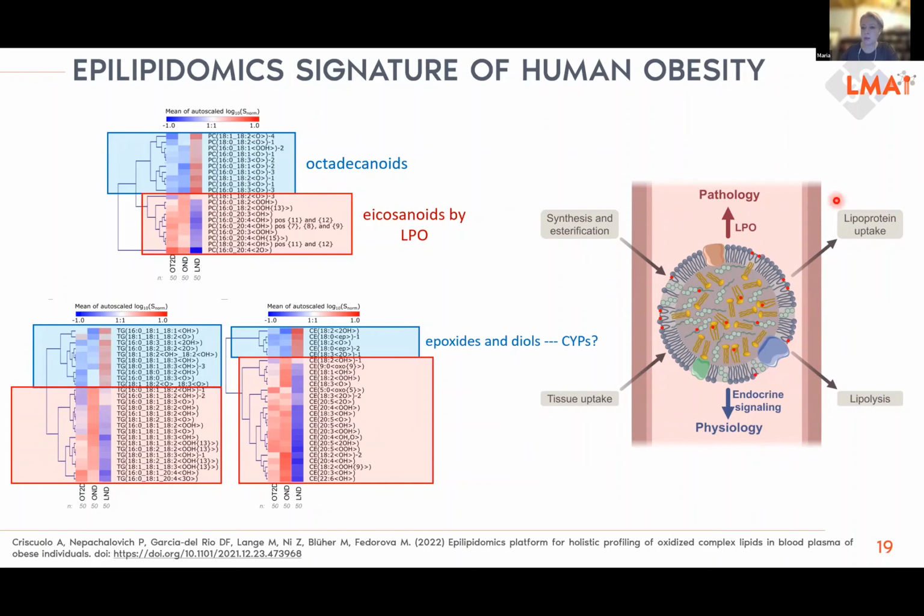So maybe at certain conditions they are taken up via lipoprotein uptake or released by lipolysis and can actually execute their physiological functionality. On the other hand, with the development of metabolic distress, complications, this physiological pattern is completely shifted, and we have formation of very different other species, which we also need to figure out what actually they do and how they can be released.